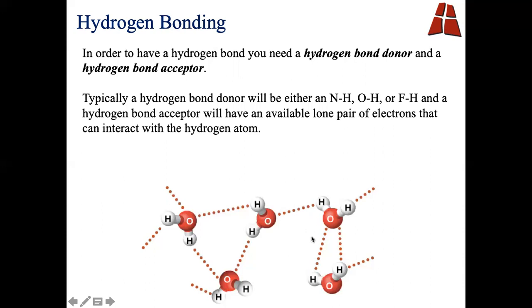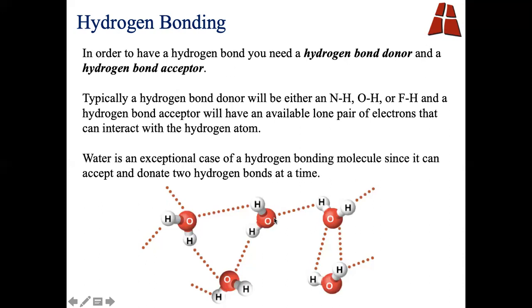And the hydrogen bond acceptor will have some sort of lone pair of electrons that are available that the hydrogen atom can interact with. For example, in this water molecule, we have this oxygen and this hydrogen that are bound together. This would be our hydrogen bond donor. If we were to draw a Lewis structure, this water molecule would have two lone pairs available that could act as hydrogen bond acceptors of that hydrogen.